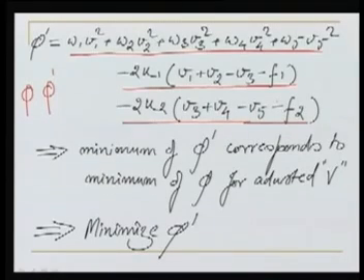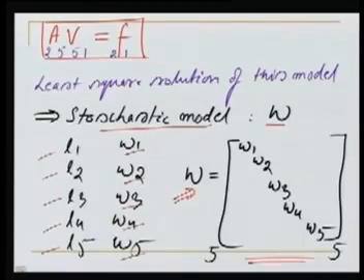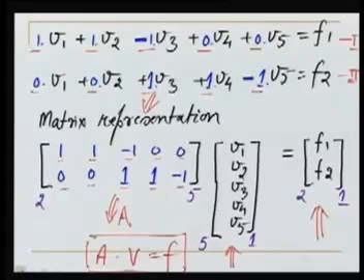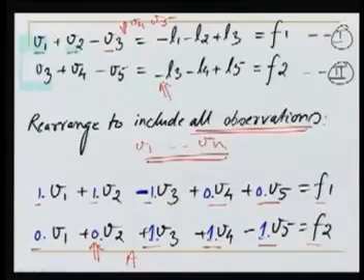Now where are these coming from? If you look at this carefully, V1 plus V2 minus V3 minus F1 is nothing but our first condition equation. The condition equation which we had formed is V1 plus V2 minus V3 equals a constant F1.